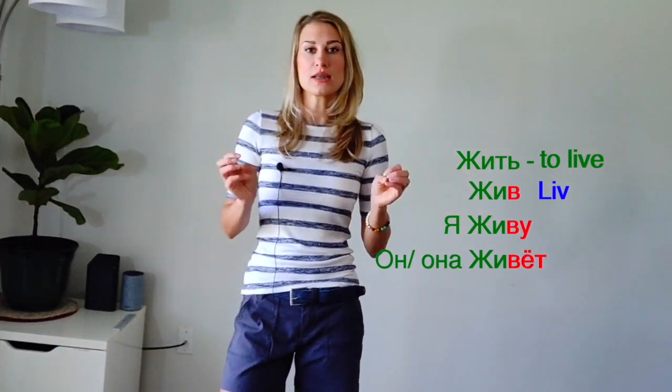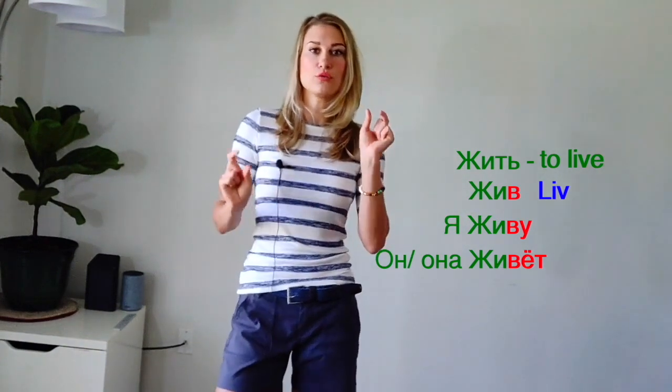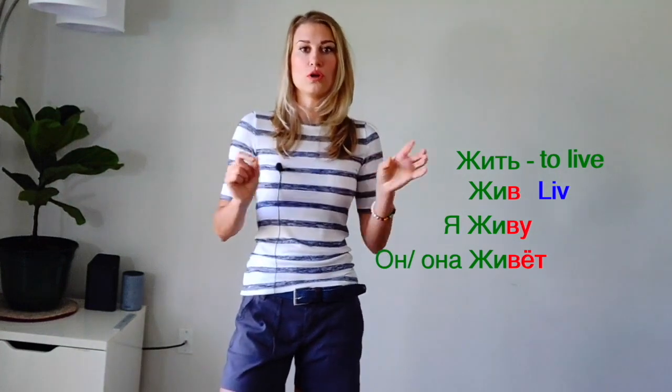So the consonant v, in this case, we don't have that additional consonant in the verb знать, but we have it in the verb жить. The consonant v separates two vowels: живу, живет. And it's similar to the English example Peru, Peruvian. So this v is the linking consonant between two vowels.